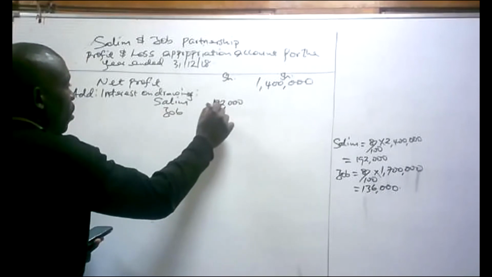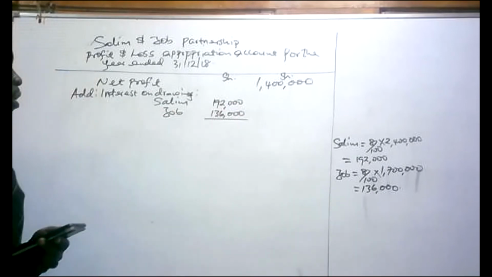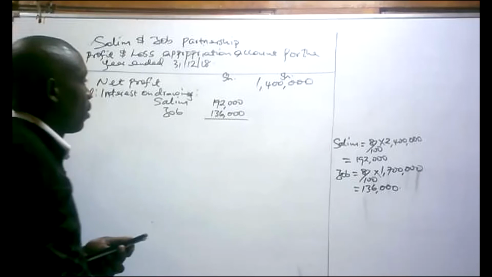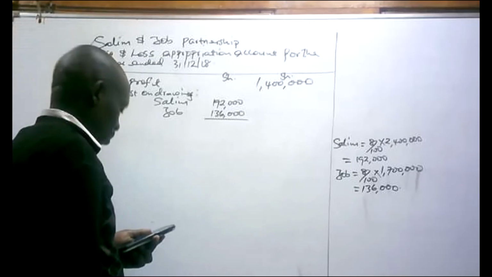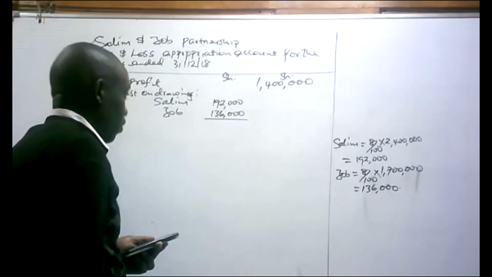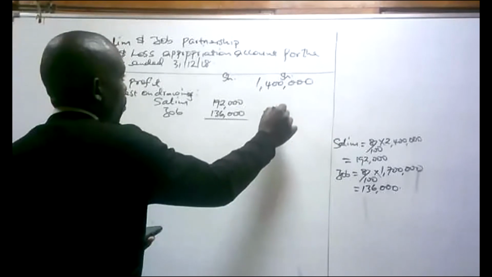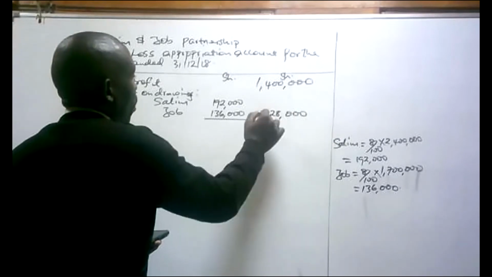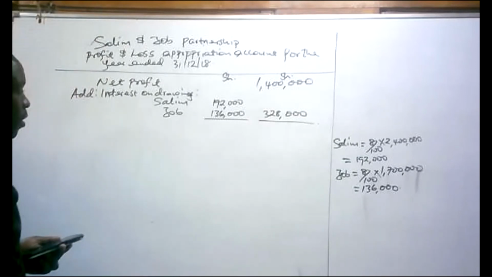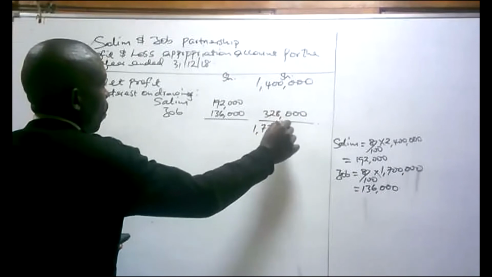The two combined, 192 plus 136, is 328,000. Plus 1.4 million gives 1,728,000.